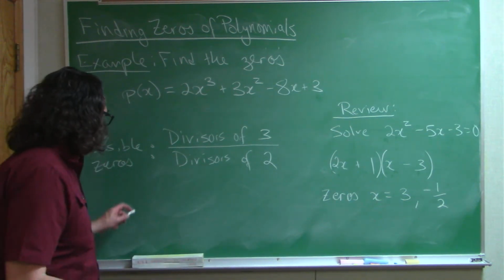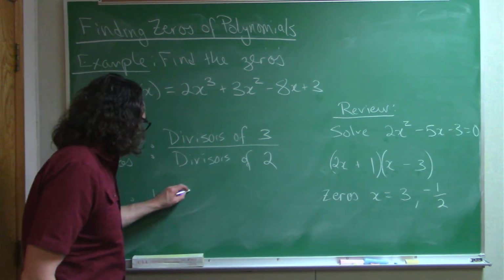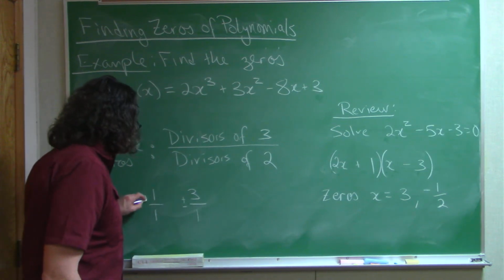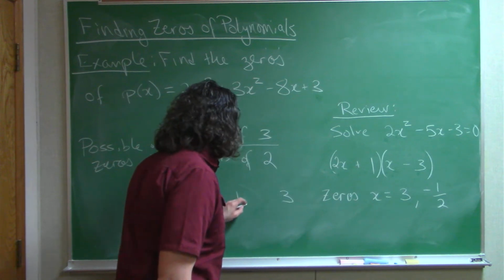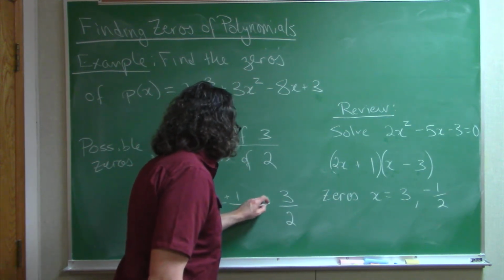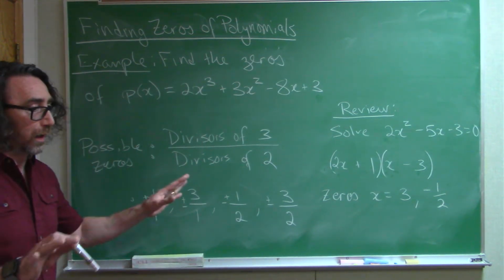And I got to cover all my bases here. So I could have a 1 or a 3 on top with a 1 in the bottom. I could have a 1 or a 3 on top with a 2 on the bottom. Remember, we got to account for plus and minus on all of those.